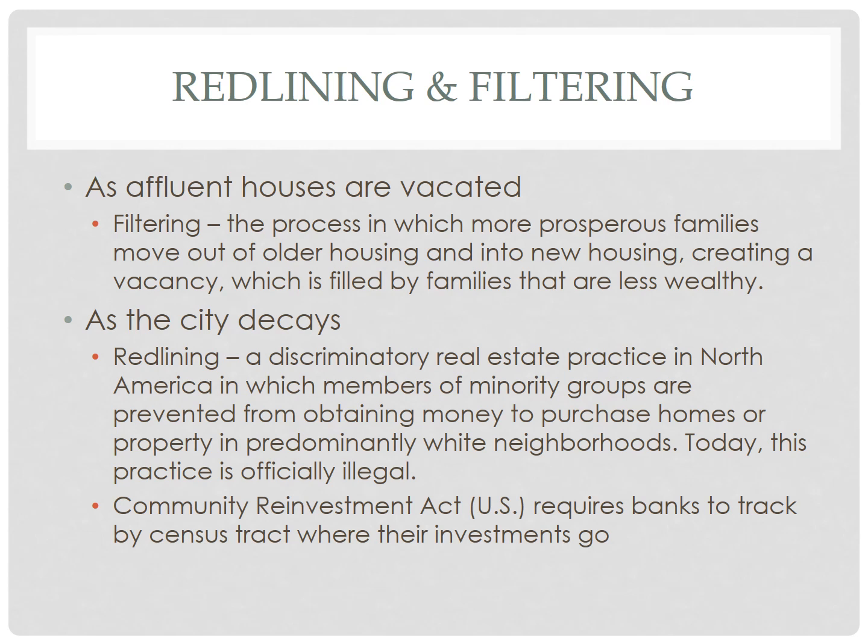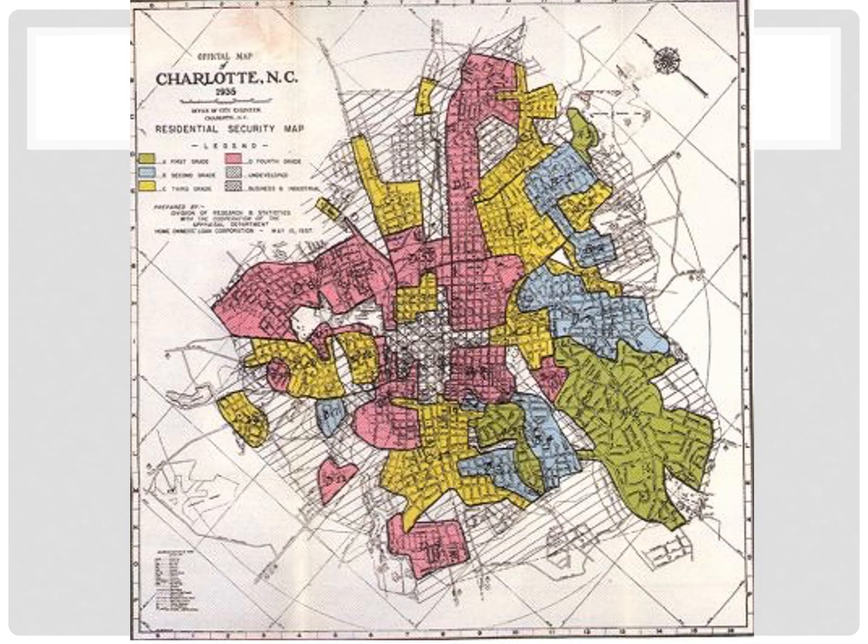But then these areas wouldn't be able to be rebuilt. So banks didn't loan any money to fix some of the issues that needed to be addressed. In addition to that, minority families that came in and wanted to buy property there couldn't because the banks refused to lend to them. And so let's take a look at how this manifested itself.